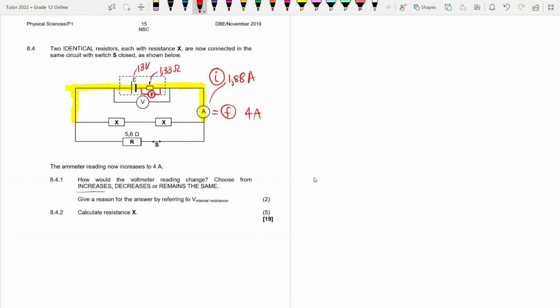Is it going to increase, decrease, or remain the same? Decrease. Okay, it will decrease. All right, give a reason by referring to the V internal. Because if current is increasing, that means the internal will also increase. Thus, the external will decrease.